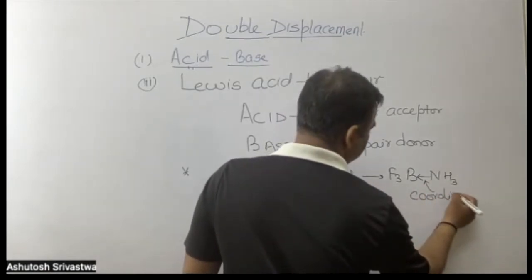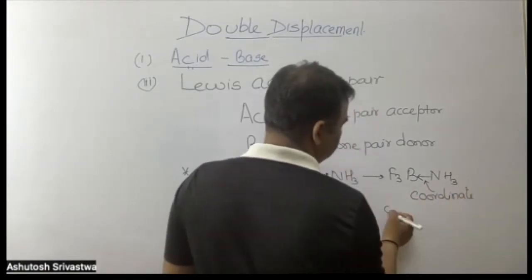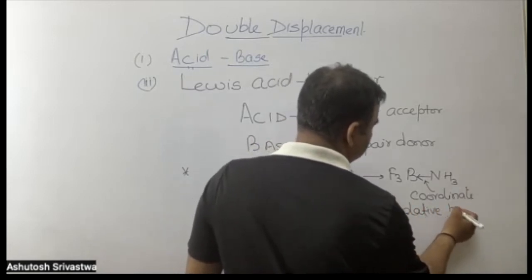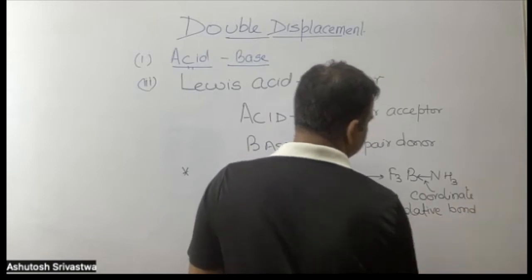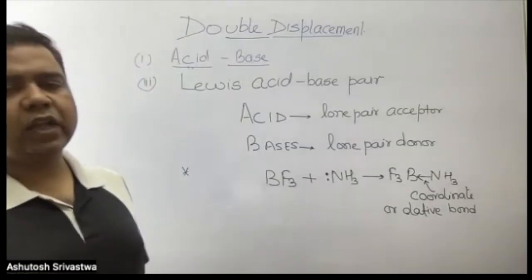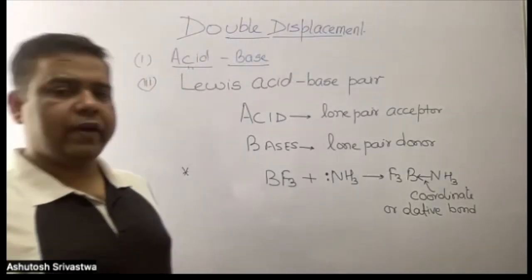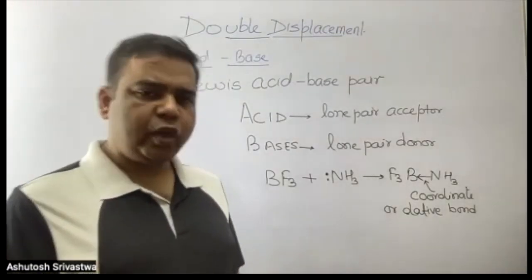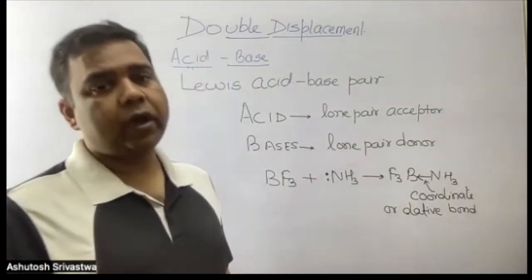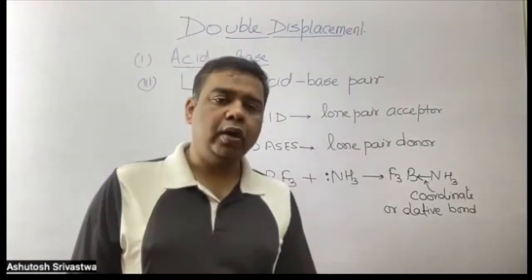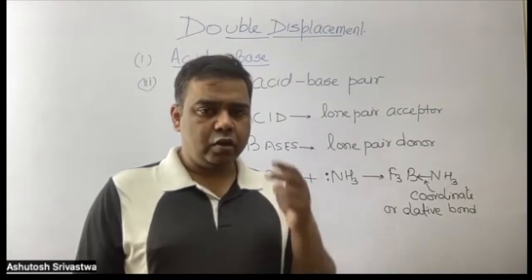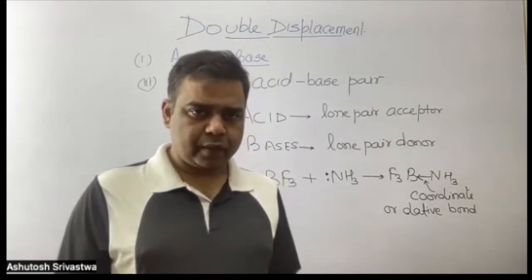Coordinate or dative bond. So what do those two dots represent? The two dots mean there are two electrons which are actually not the part of any bond. They are free to be donated. We will cover this topic in chemical bonding, where we will see that a covalent bond is formed by sharing two electrons, that is one pair.